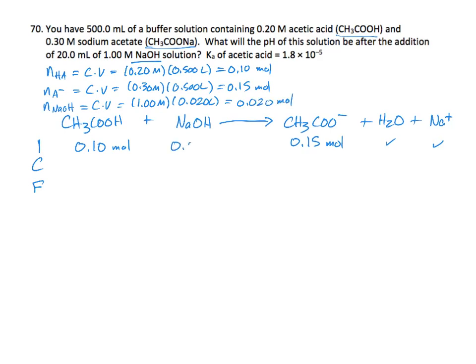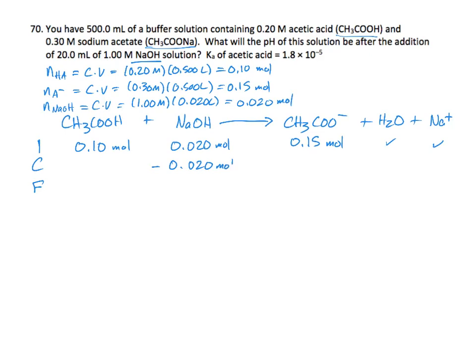That goes into our table. All right, we don't use X's here. This is not an ICE table. This will react 100% to go to the right until we run out of limiting reagent. The one here that is present in lesser amount is the NaOH, so it's going to be the one to run out first.